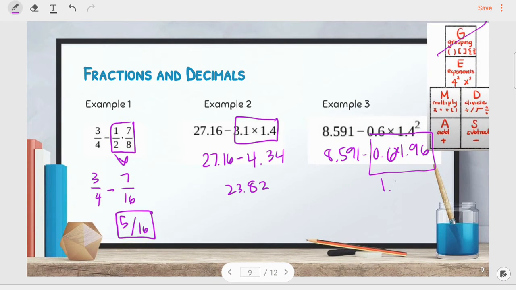Then 8.591 minus 1.176, and I'm going to stop toggling back and forth, but when you type it in your calculator, you should get 7.416, and that is my final answer.